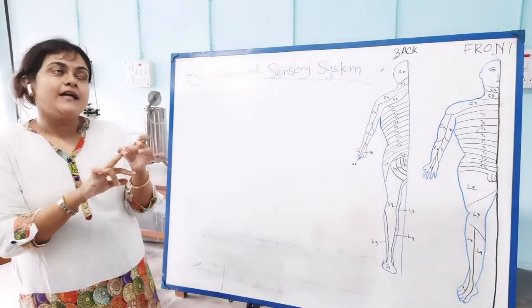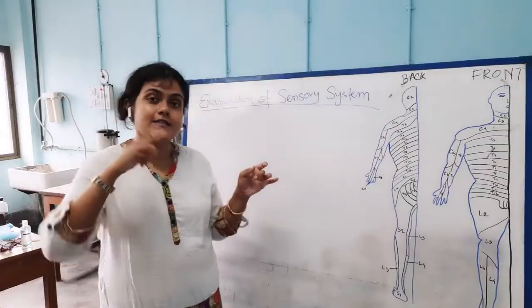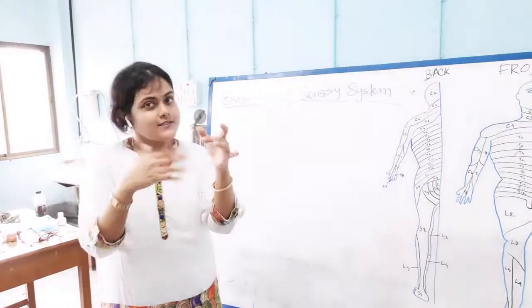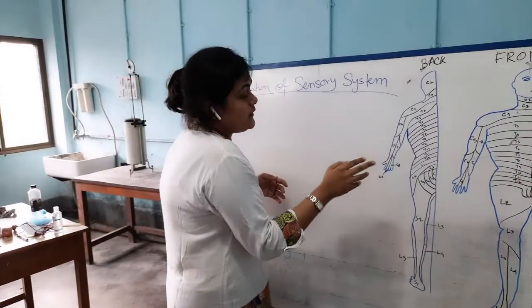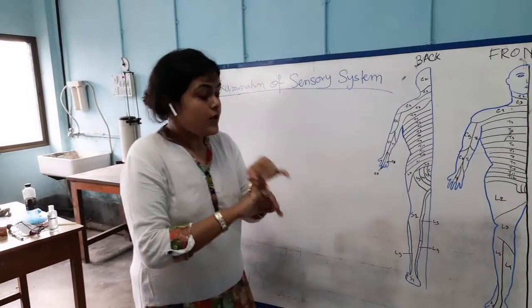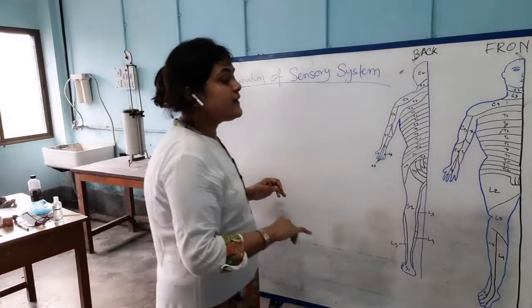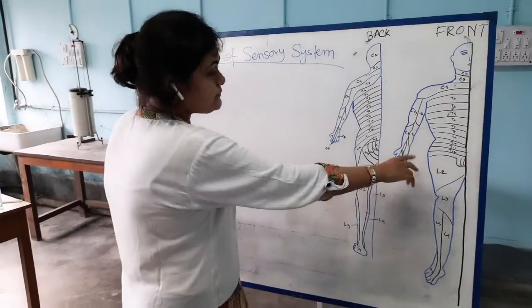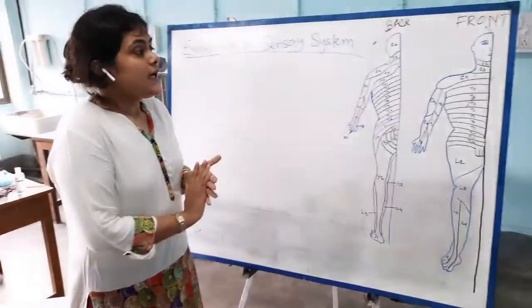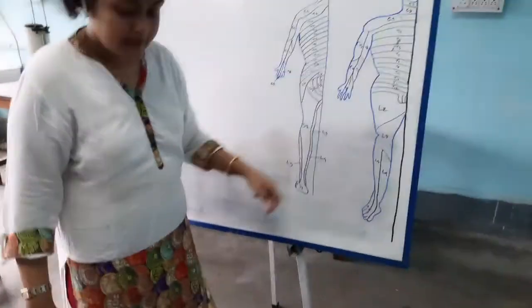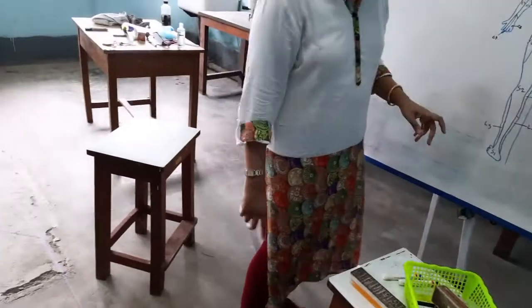Just remember that C7 has the longest spinous process, and this finger is also longest, okay, just to remember. Okay, that is C7. What about little finger? Little finger is supplied by T1. And knee joint and adjoining area, L3. Little toe, that is supplied by S1.